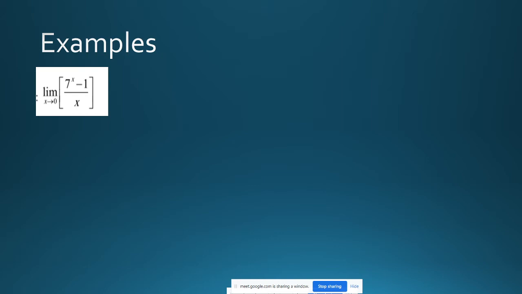What is the answer? Yes, A is 7. So, what was the formula? Formula was limit x tends to 0, A raised to x minus 1 upon x. What was the answer in this case?